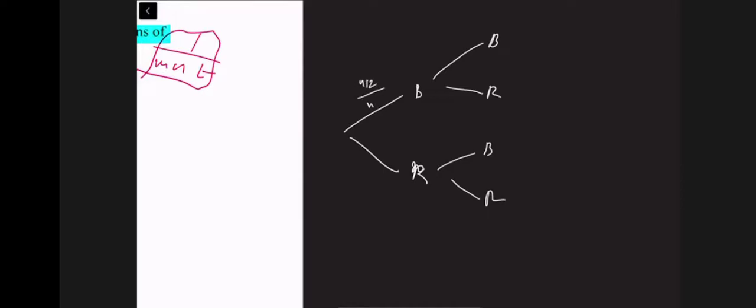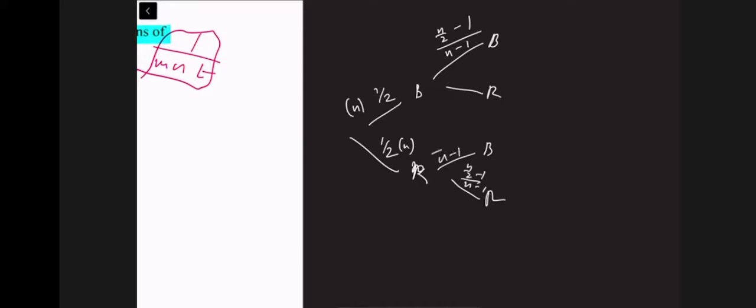So this would be half. So you have half blue and half red. But here the sample size is n, and the sample size is still n. But once you take away 1 blue, you now have 1 less in total. But you also started with n on 2, which is half, and then you took away 1 from that as well. So I hope you can kind of see where I'm going with this.